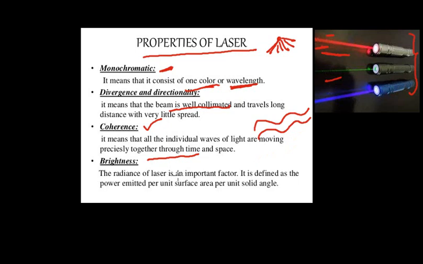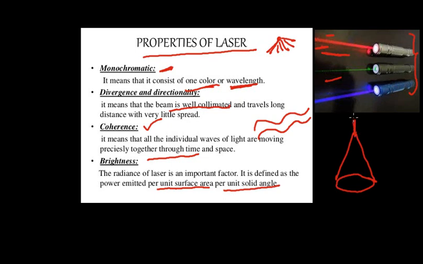Brightness, the radius of laser is an important factor. It is defined as power emitted per unit surface area per solid angle. So we can define brightness per unit surface area per unit solid angle. Now what is this? Because laser lights are like this.